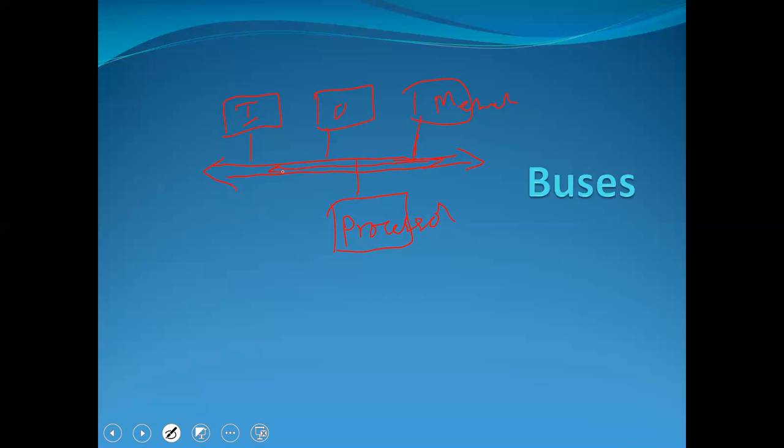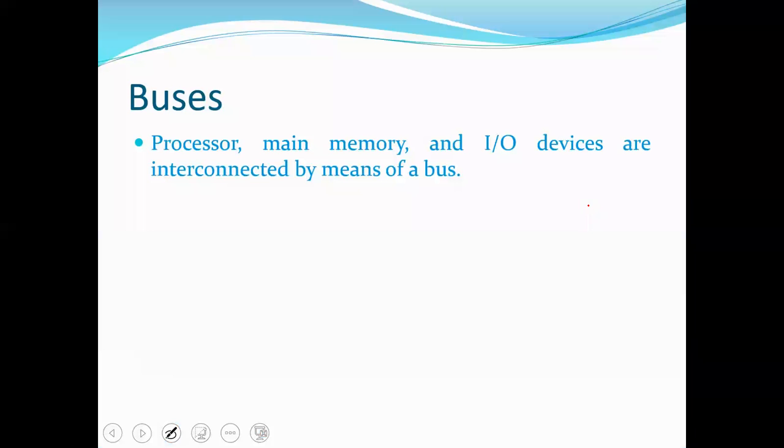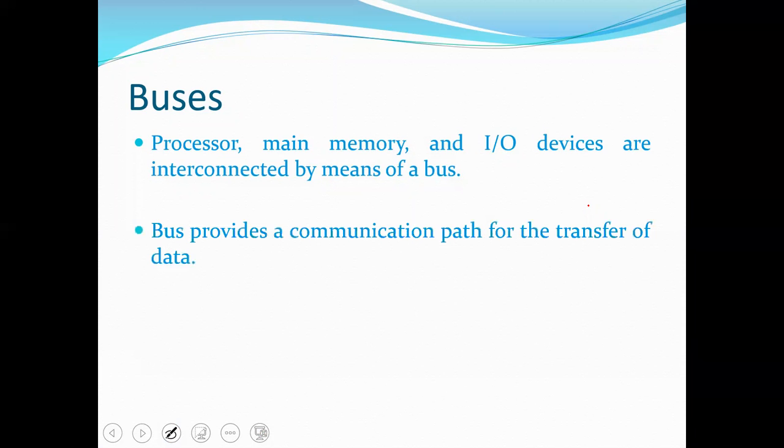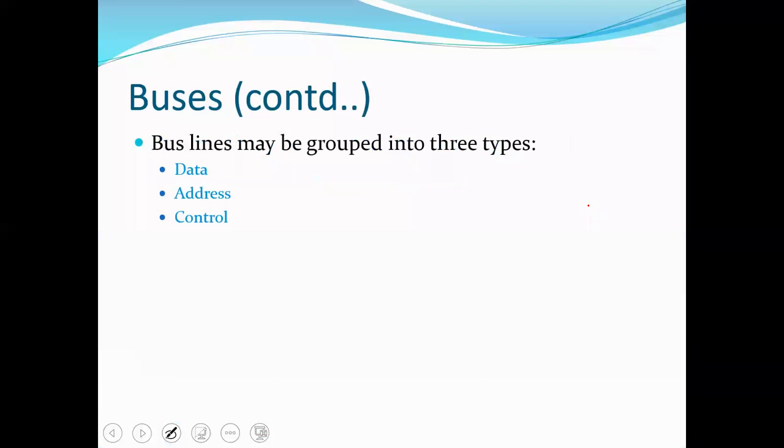Movement of data and signals takes place in the buses. We use the term bus for the wires which connect these internal devices. Bus is the thing which connects the processor, main memory, and I/O devices, and it helps in the communication.